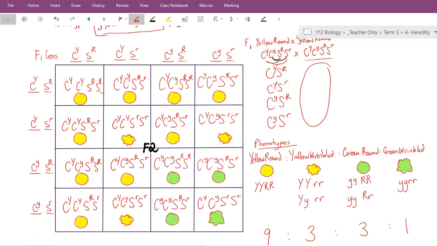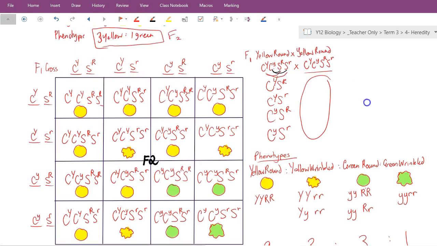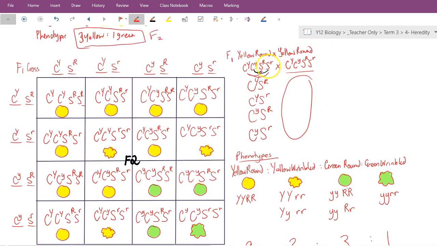So in this case, instead of just having one allele up here, we had to have 2, whether they had yellow or round or wrinkled and green. So this is exactly the same as above. On our F1 cross, we had seeds here, which were heterozygous yellow for colour and heterozygous for round.